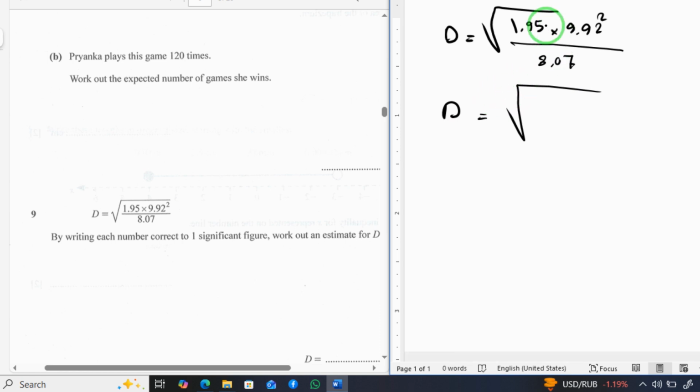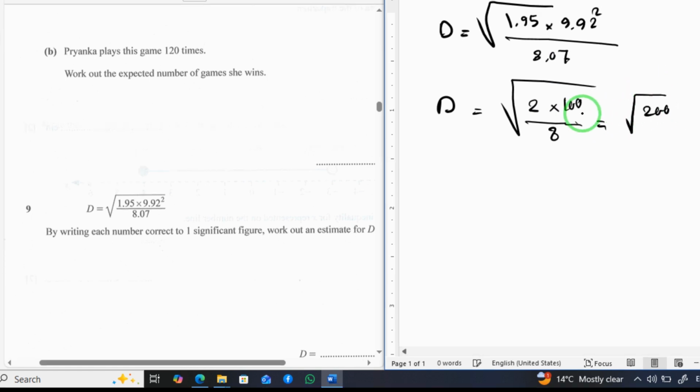Then D is equal to the square root of, when we take the significant figure of this part, here is only 1, and this we round up 1 unit to the 1 here, directly converting to 2, multiplied by this 9, we round up 1 to 9, actually 10 squared is 100, over, and when we take one significant place here, we ignore 0.7, so 8.